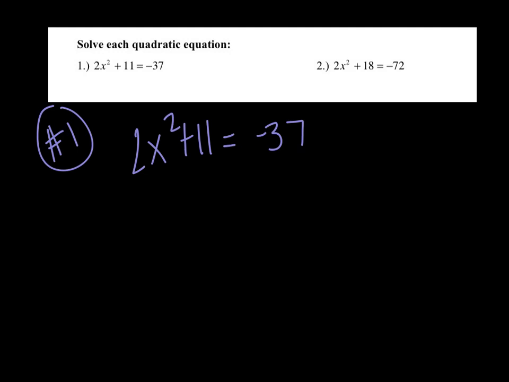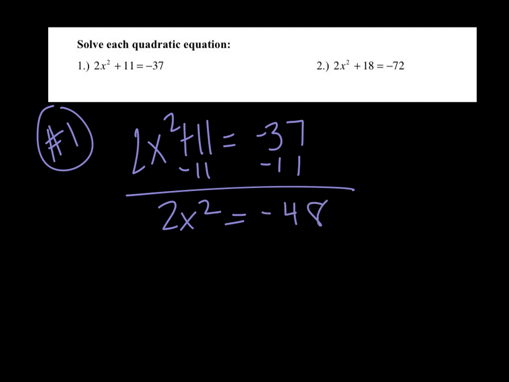You're still going to solve for your x, and we talked about solving with square roots, so we would subtract your 11, get 2x squared equals -48, divide by 2, divide by 2, and get x squared equals -24.